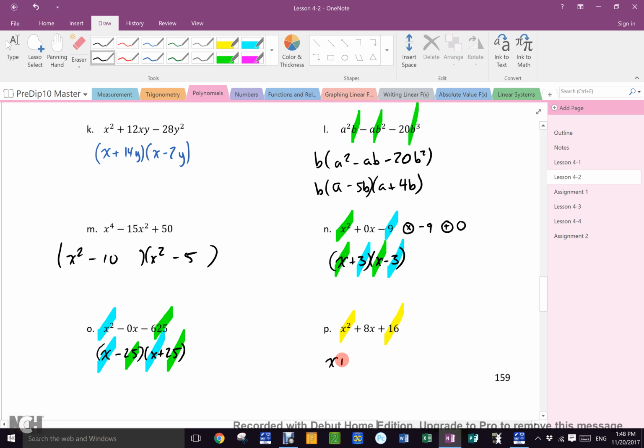So x plus 4, x plus 4, without even thinking about it. You can write it as x plus 4 squared. Is that as simply as we can write it? No.